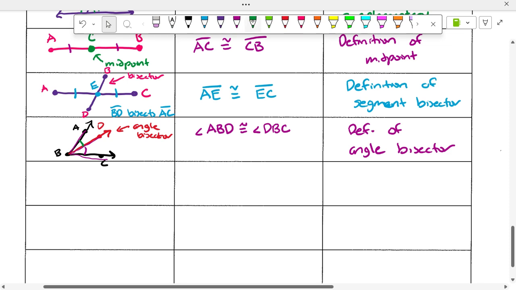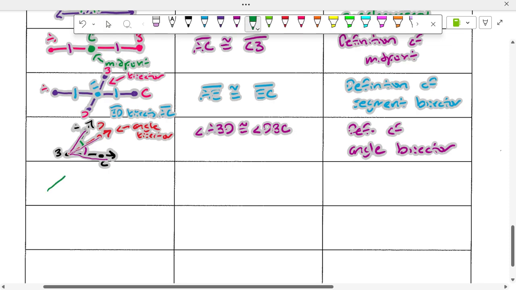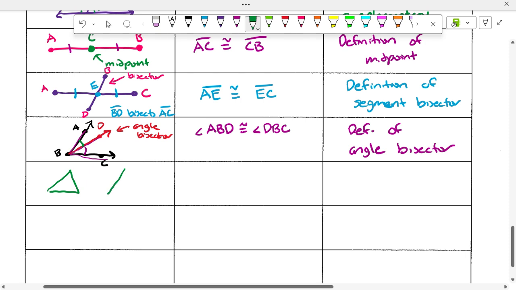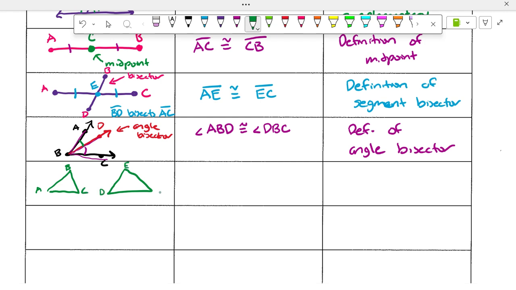Now, we already talked about this one, but let's say we wanted to show that triangles were congruent. So A, B, C, and D, E, F. All right, let's say we already showed that triangle ABC is congruent to triangle DEF.